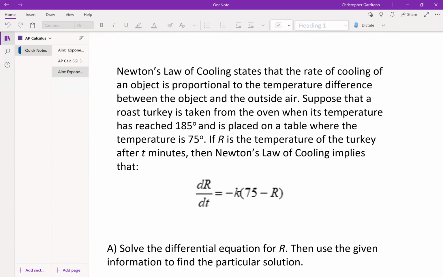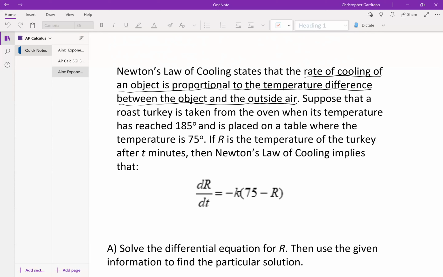So basically, Newton's law of cooling states that the rate of cooling of an object is proportional to the temperature difference between the object and the outside air.